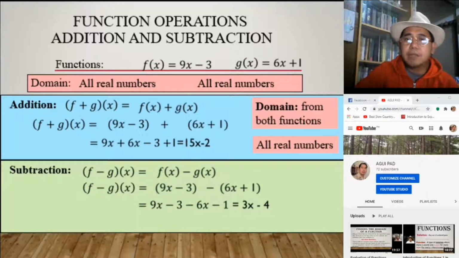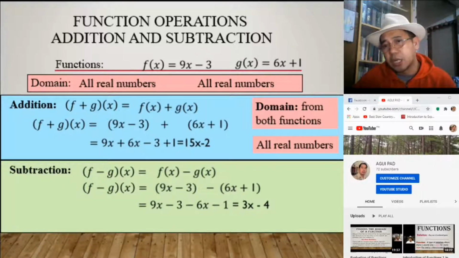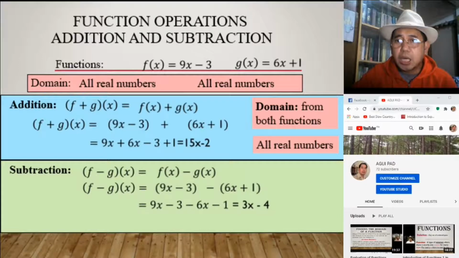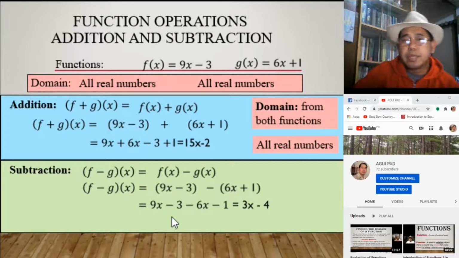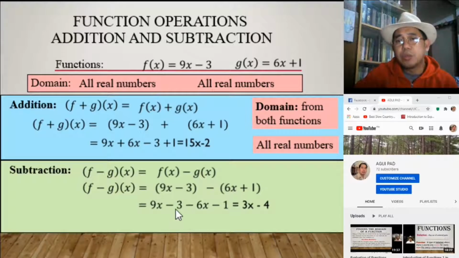And after removing the enclosure symbol, you proceed now with the indicated operation. So you will notice in here 9x minus 6x will give you positive 3x.